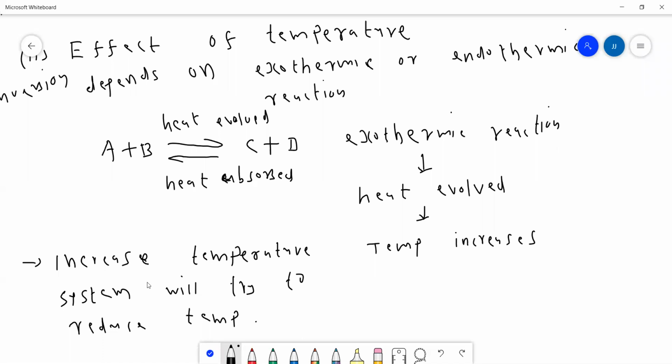But if we increase the temperature, the system will try to reduce it, so C plus D will react and absorb heat. If C plus D reduces, then more A is formed during the backward reaction. So the conversion of A will be reduced.